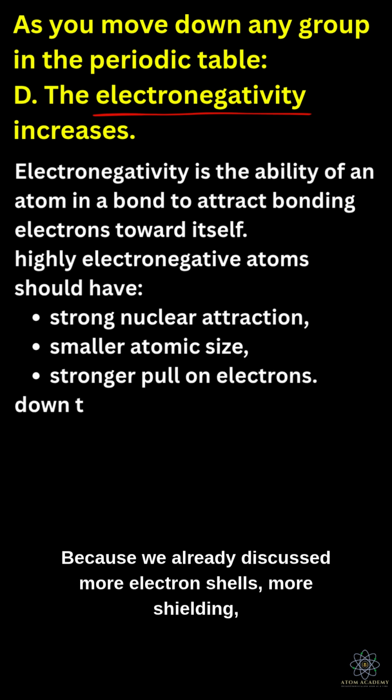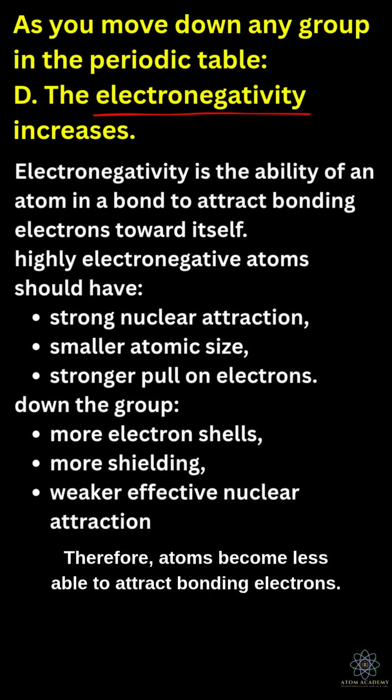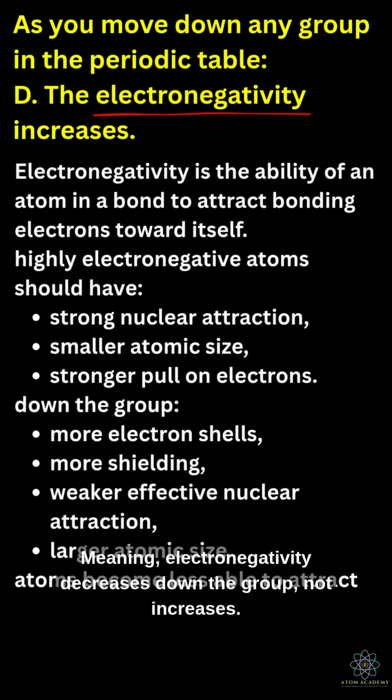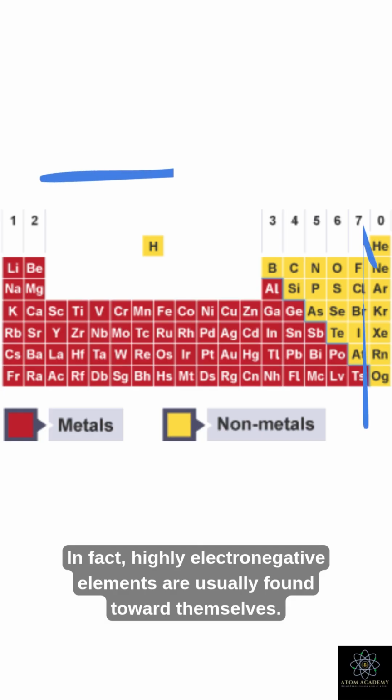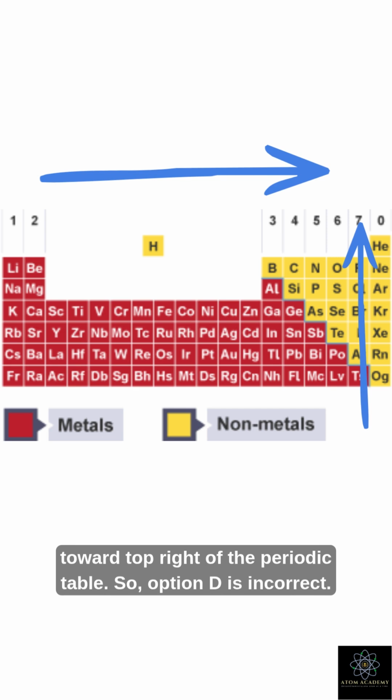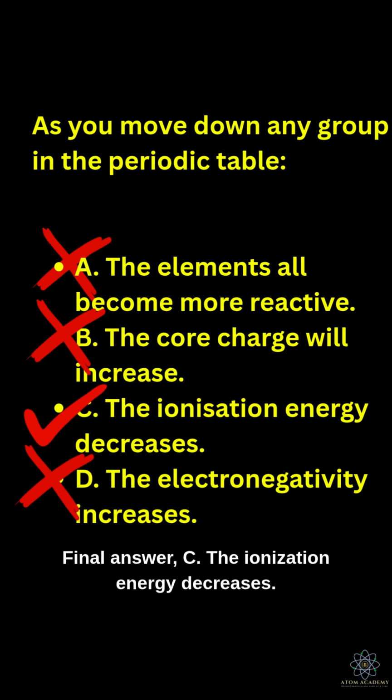Because we already discussed more electron shells, more shielding, weaker effective nuclear attraction, larger atomic size. Therefore, atoms become less able to attract bonding electrons, meaning electronegativity decreases down the group, not increases. In fact, highly electronegative elements are usually found toward the top right of the periodic table, so option D is incorrect. Final answer, C. The ionization energy decreases.